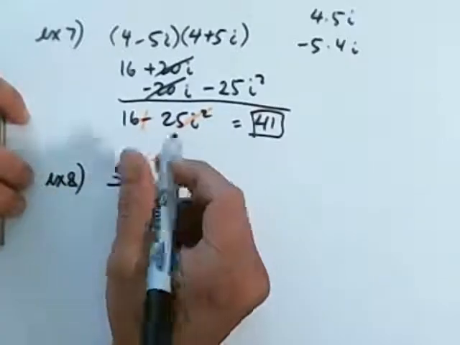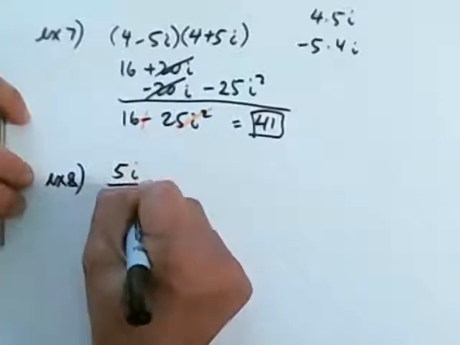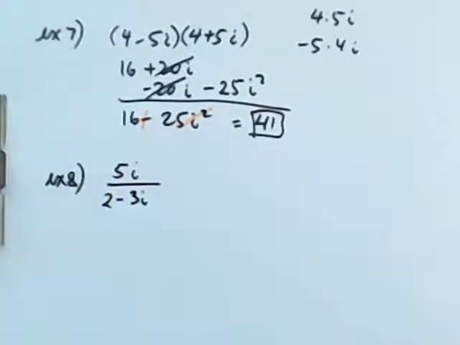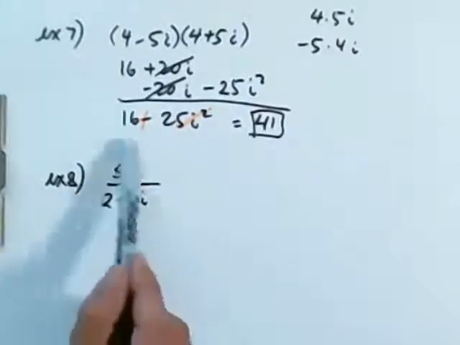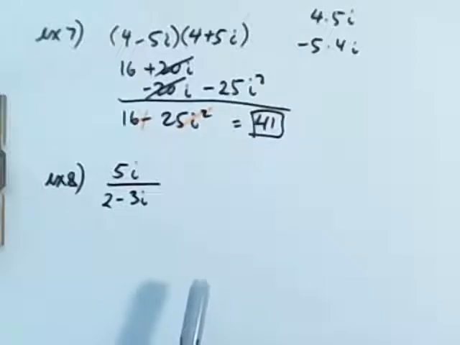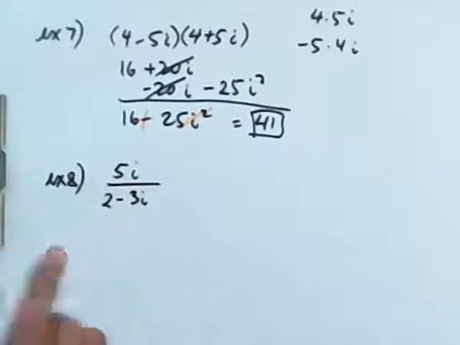We've got 5i over 2 minus 3i now. They're going to say divide this, and so what the heck? Can't do that. That's not right. You're not going to even use long division for this one either. What they're actually asking me to do is called rationalizing the denominator.